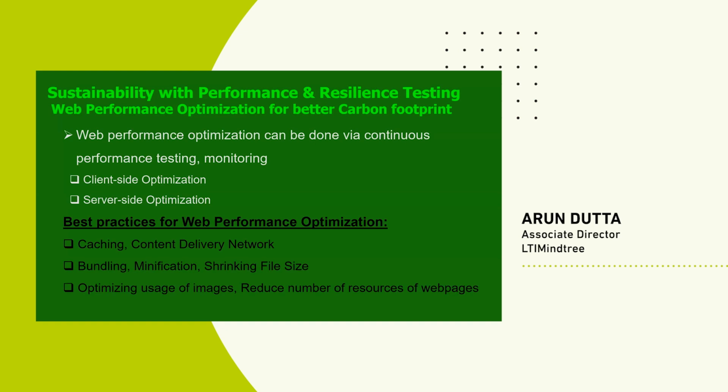So let's talk about some of the web performance optimization techniques. There are a lot of best practices available, and people are actually using them. One which you all know about is caching, which can improve application performance. Or you can think about a content delivery network.